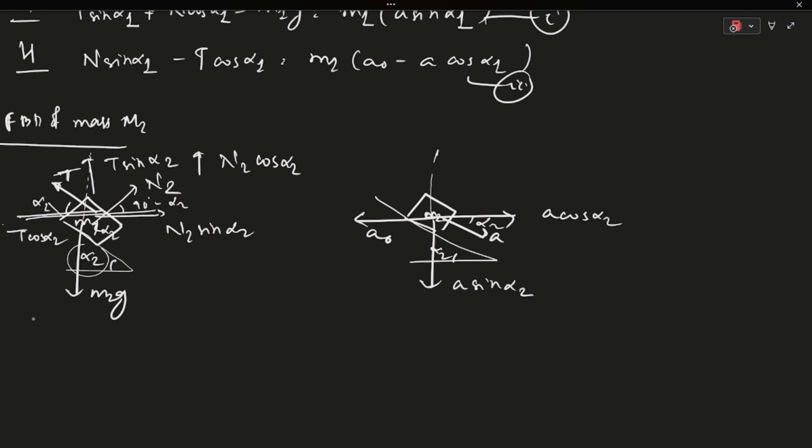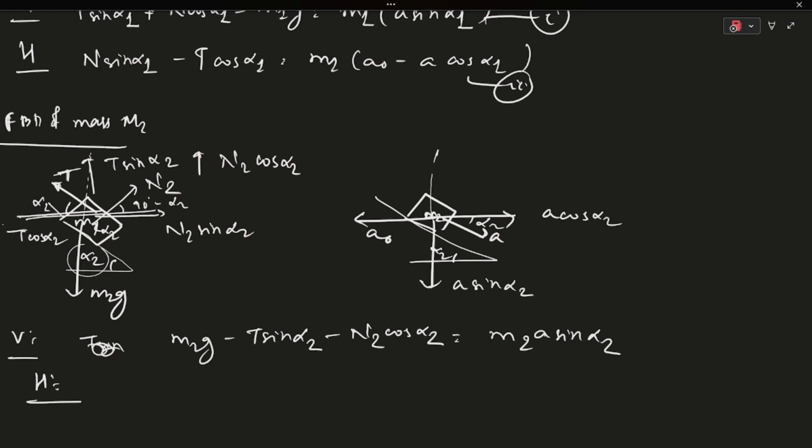Now writing the force equations in vertical direction: M2g minus T sin alpha 2 minus N2 cos alpha 2 is equal to M2 A sin alpha 2.